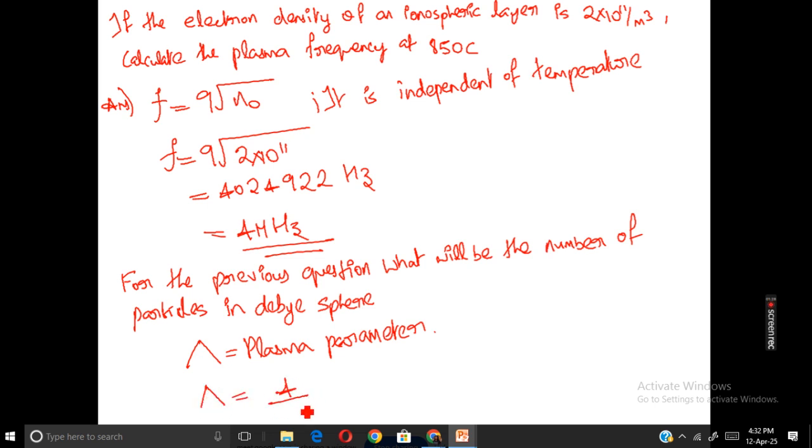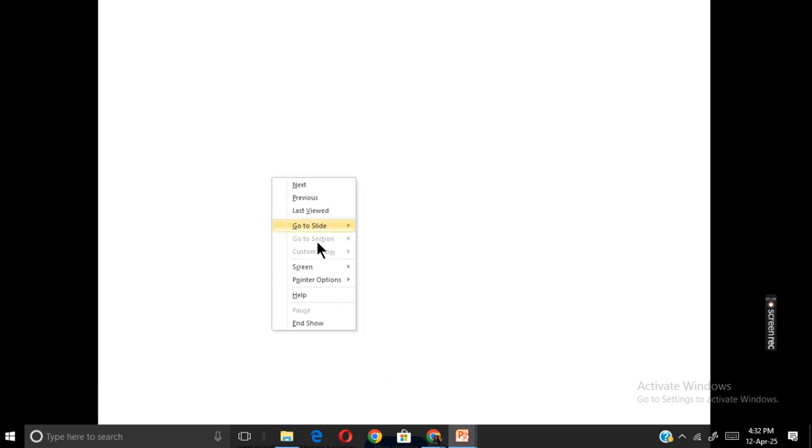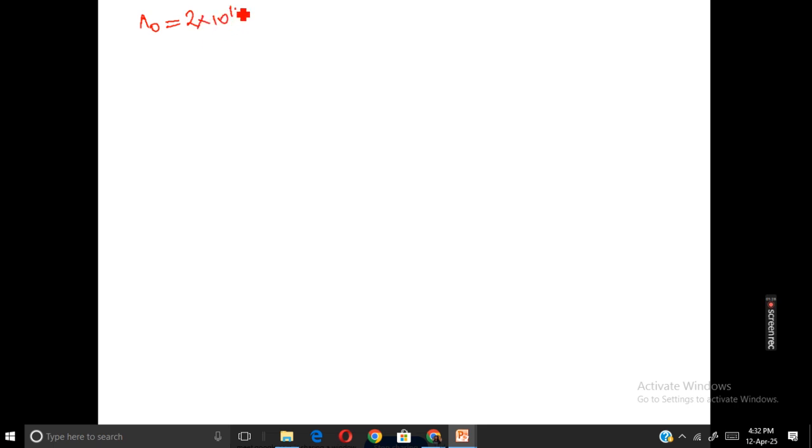Since it is a sphere, it will be 4 by 3 pi r cube. The radius of the sphere is basically given by the Debye length. So 4 by 3 pi lambda d cube, volume into number of particles, so into n0. In this case, they have given the value of n0, which is 2 into 10 raised to 11.